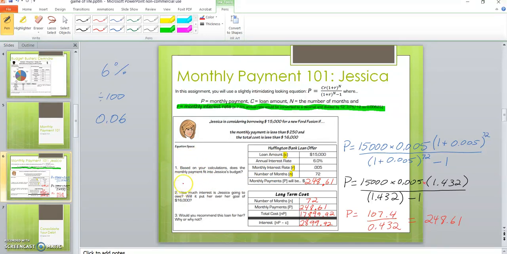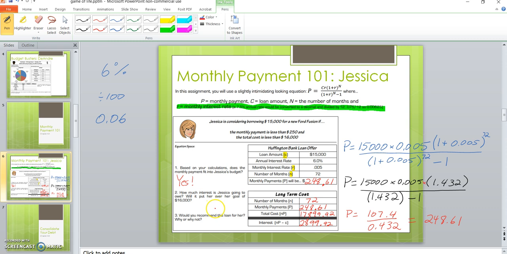Now we'll finish off these questions on the side. The first question is, based on your calculations, does the monthly payment fit into Jessica's budget? For this, we have to consider the first part and the monthly payments, because this says that the monthly payment must be less than $250. Of course it is, because $248 is less than $250. The next question is, how much interest is Jessica going to owe?